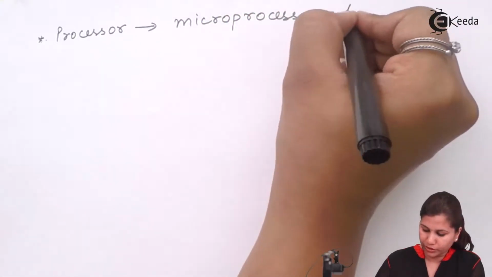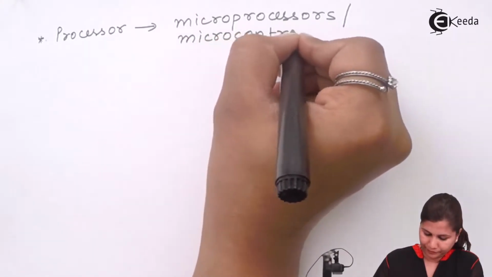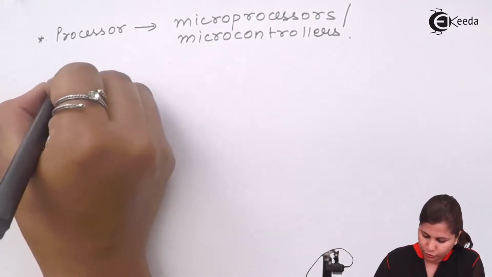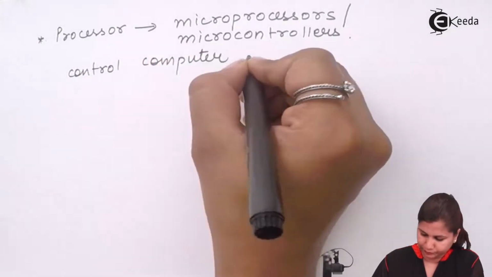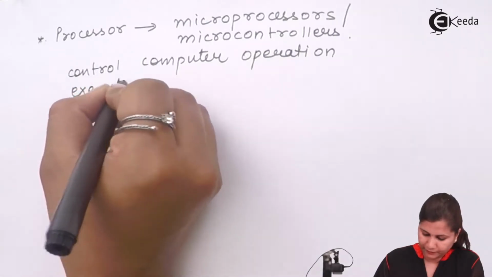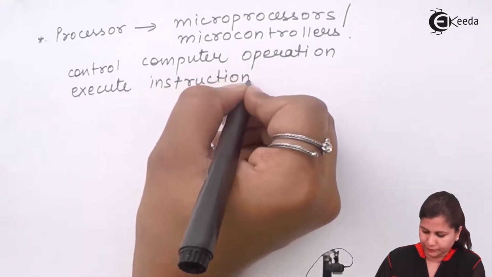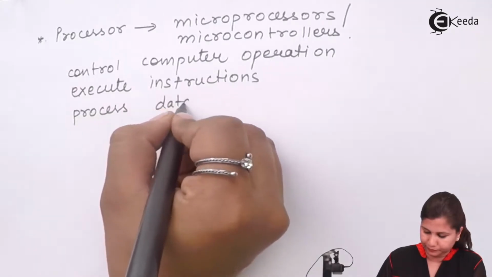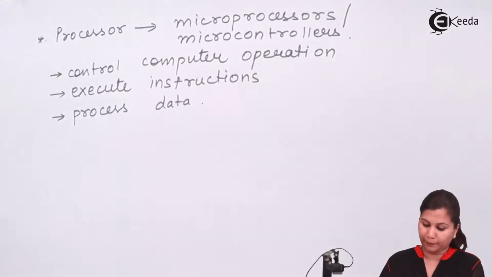Microcontrollers can also be used. The function of the processor is to control the computer operations, execute the instructions, and process the data.